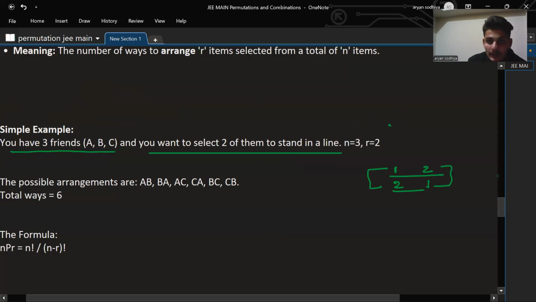If A is standing here and B there, or B here and A there, always remember it's a permutation question, meaning arrangement is there, so use nPr. 3P2 is 3 factorial divided by 3 minus 2 factorial. So the answer comes to be 3 into 2, which is 6.